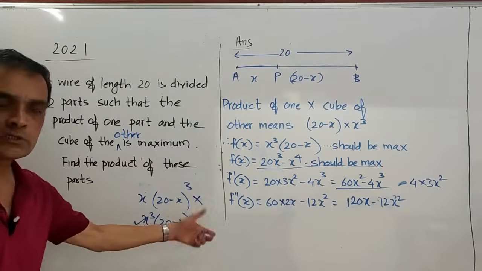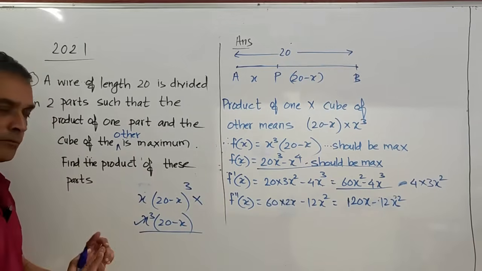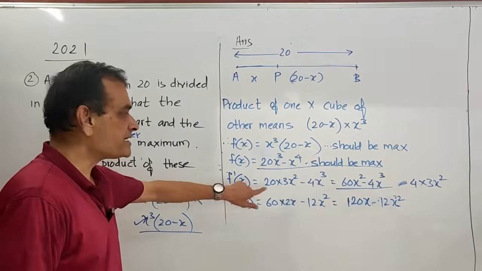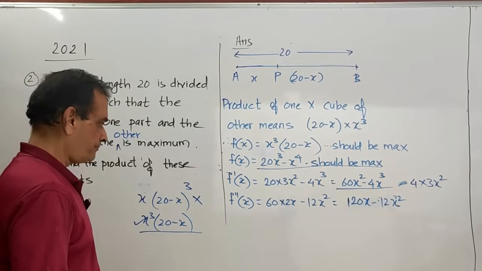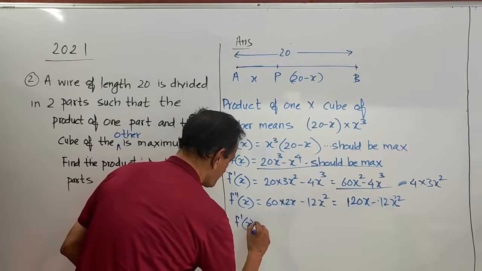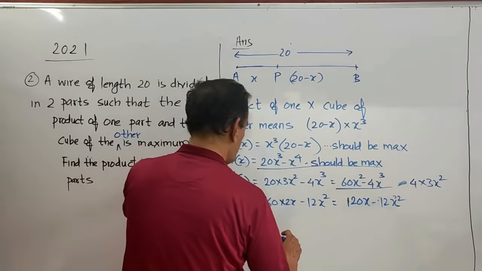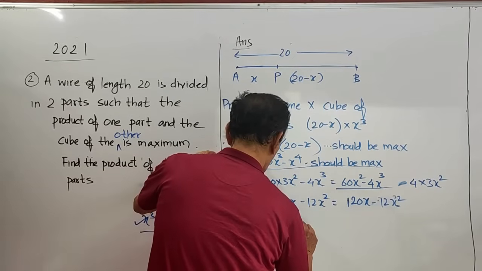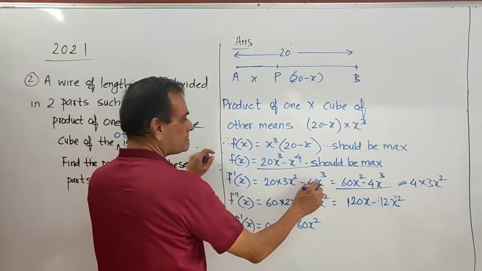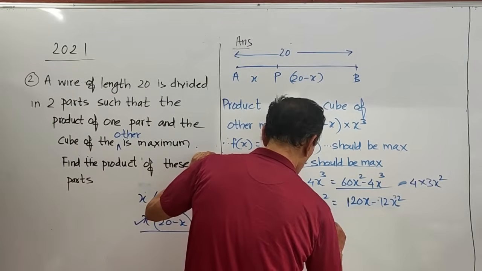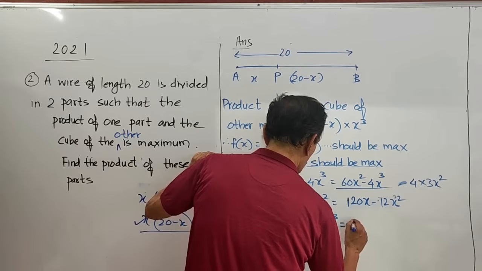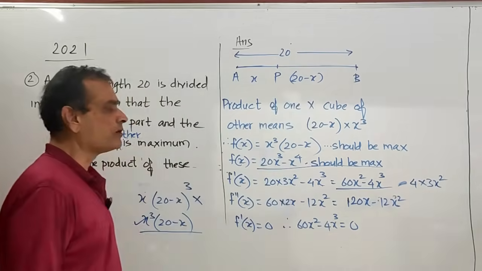Actually, it is of no use now because we just want to find out product of two parts. That's all. So let us equate f dash x equal to 0. f dash x की वैल्यू 60x squared minus 4x cube equal to 0.